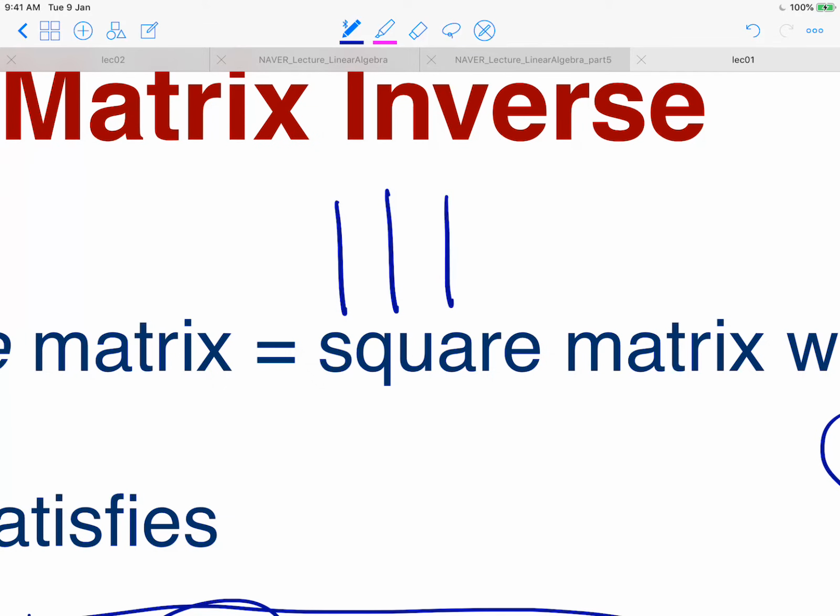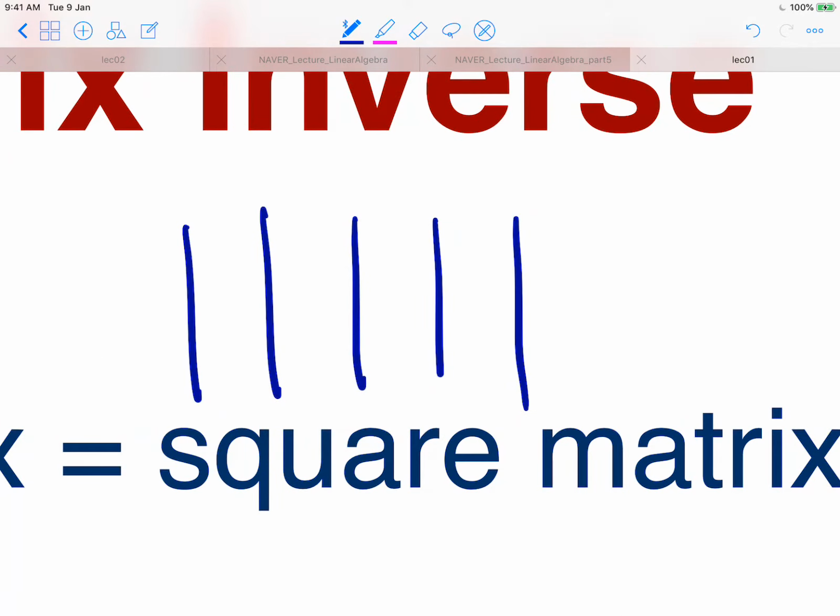So if we have 5 different columns, we still think of the scenario where we add one vector at a time. If a vector increases the span, let's denote it as I, which means this vector is linearly independent from the previous vectors.